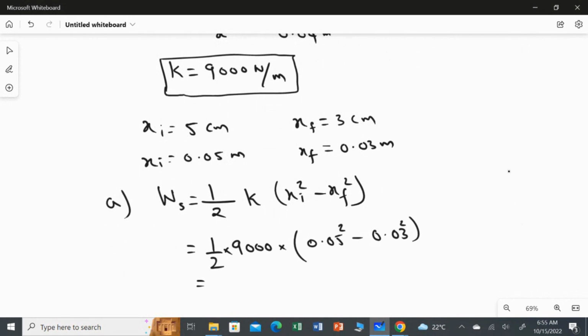Half multiplied by 9,000 multiplied by 0.05 square minus 0.03 square gives the answer of 7.2 joules. How much? Exactly, we got 7.2 joules. Clear?